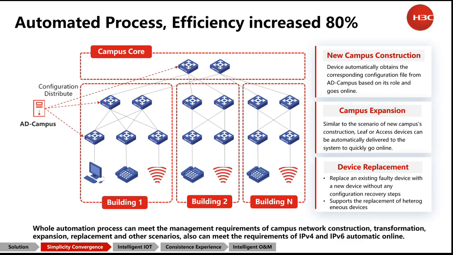What's really nice about AD Campus is the automated process. The efficiency is increased by 80%. The way you can look at this automation is three main areas. So when you do a new campus, a new construction, you create essentially templates. You configure parameters like VRFs and address pools and the model of the tenant. You define the fabric that it's going to be built on. You import a list of serial numbers of the devices and essentially assign them roles within the network.